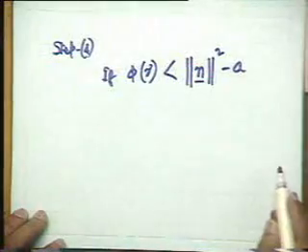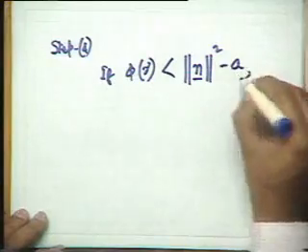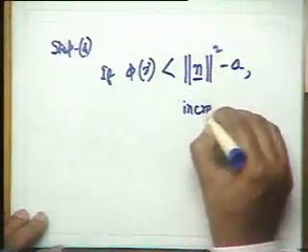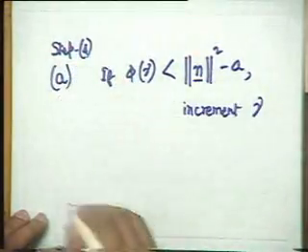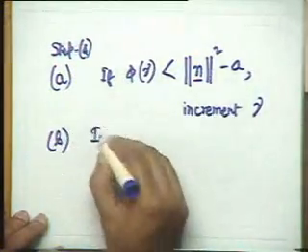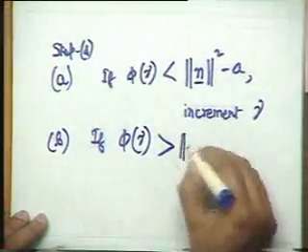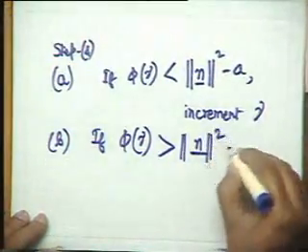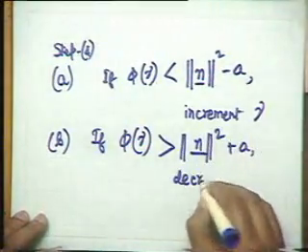I have already told that phi gamma is a monotonically increasing function in gamma, so we must increment gamma, that is in case A. And in case B, if phi of gamma is greater than norm n square plus a, then obviously you must decrement gamma.